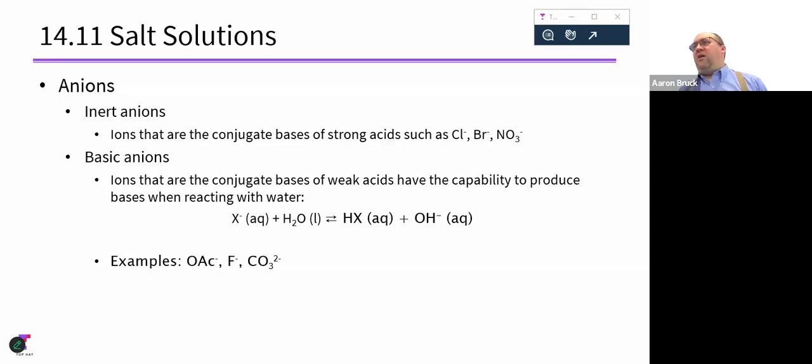Their conjugate bases are usually going to be basic. And the weaker the acid is, the stronger that base solution is going to be. So that's the anion side.